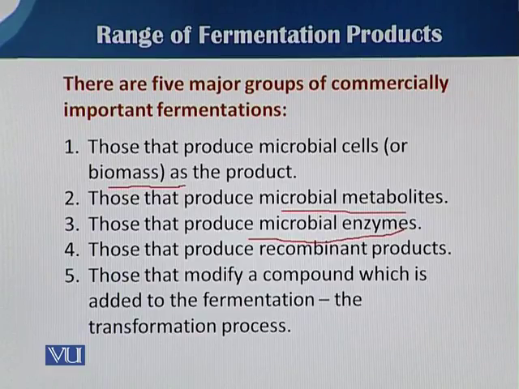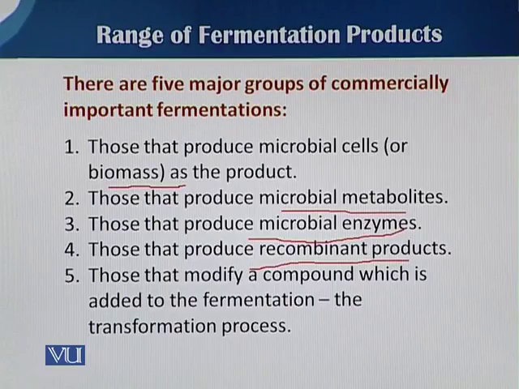Some scientists say that it also comes under metabolite production, but in the strict sense, some biotechnologists say that enzyme production is a different range of the products produced by the fermentation process. The fourth range is the production of recombinant products.